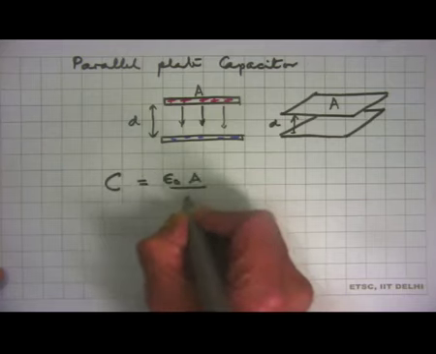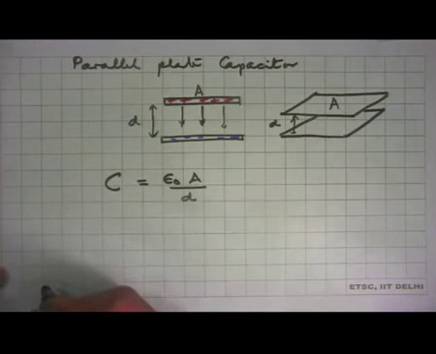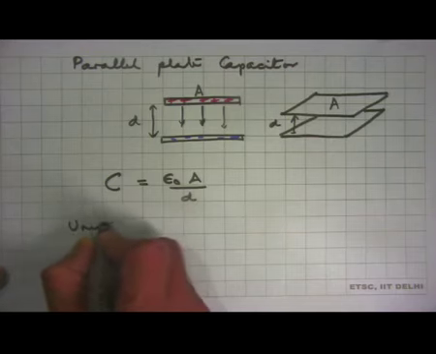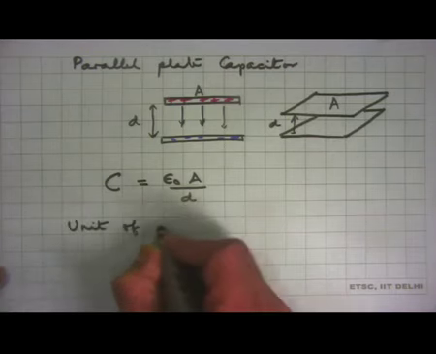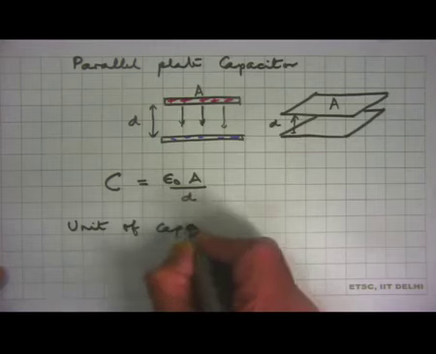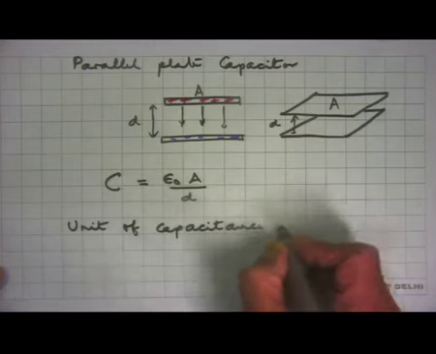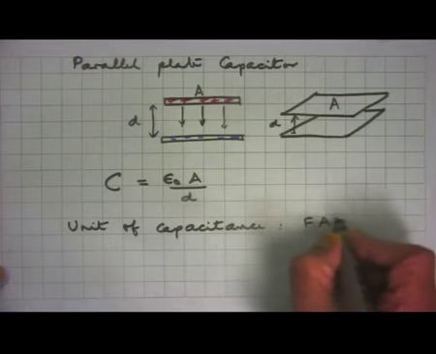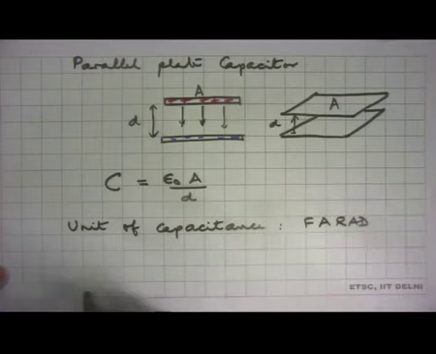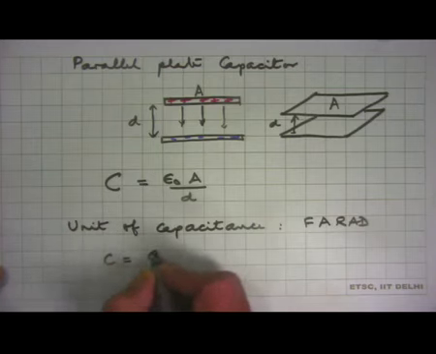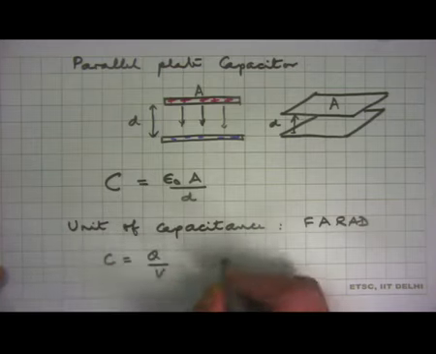d is the separation between the plates, A is the area of the plates, and epsilon 0 is the permittivity of free space. The unit of capacitance is the farad.